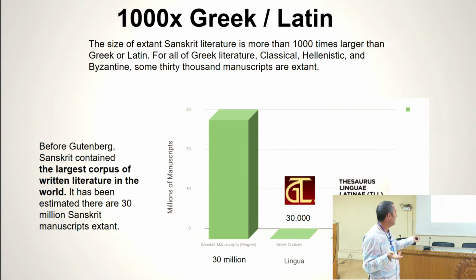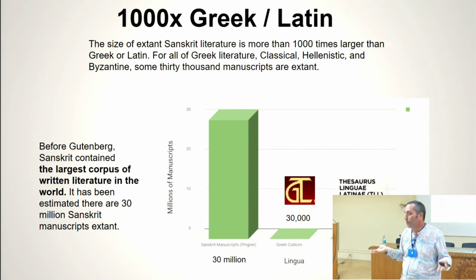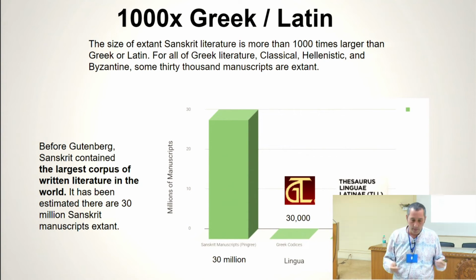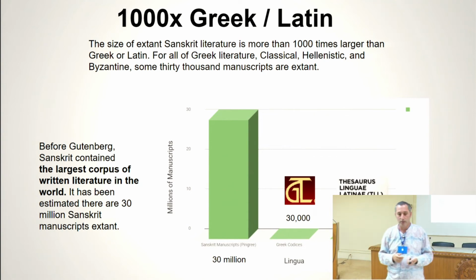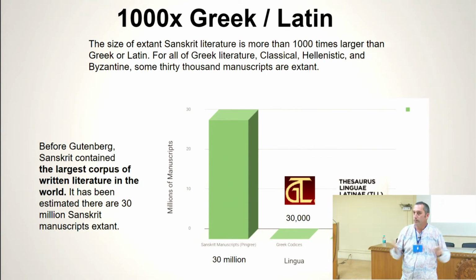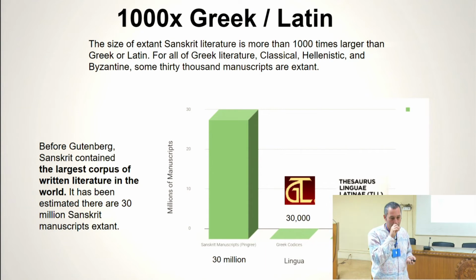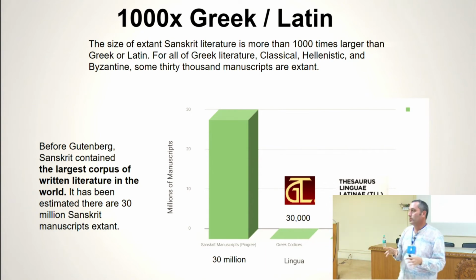You've got TLL and TLG, and they've done almost all the extant literature. That's your European classics, and it hasn't been done for Sanskrit. I really appeal that we should all work together, and all these tools should make this happen, so that in the next, say, decade or 5 years, we can have extant Sanskrit literature in digital form online.